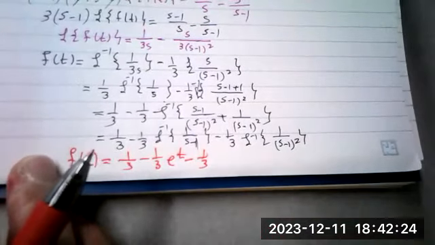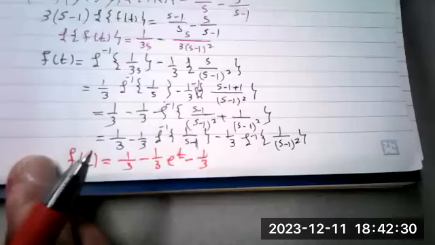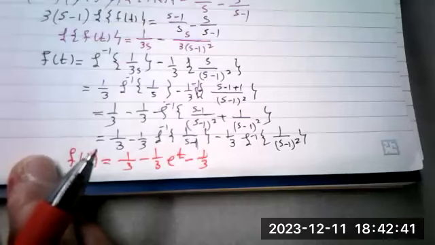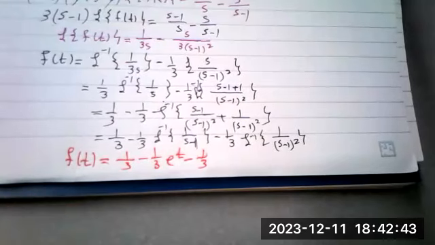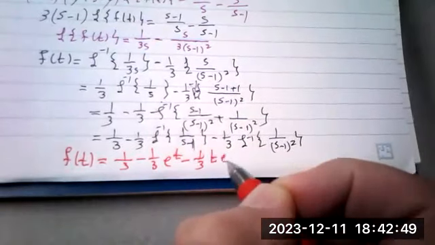You can call s minus 1 just s. It's 1 over s squared. If it's going to be 1 over s squared, that would be what? It would be t, but then you have to multiply by e to the t. So it's going to be minus t e to the t, because in the case of s squared, it's the Laplace of t. I think that's one.